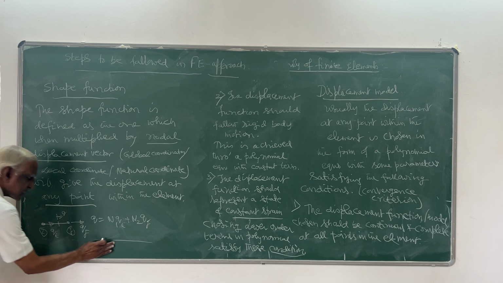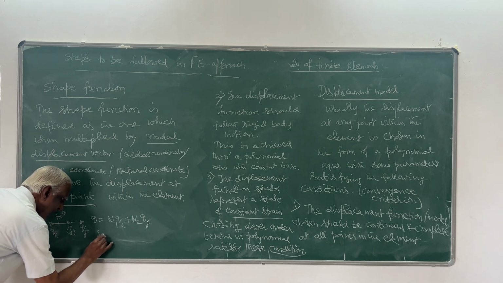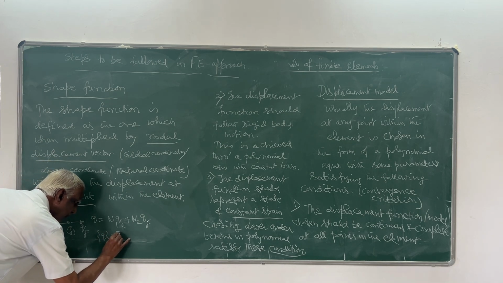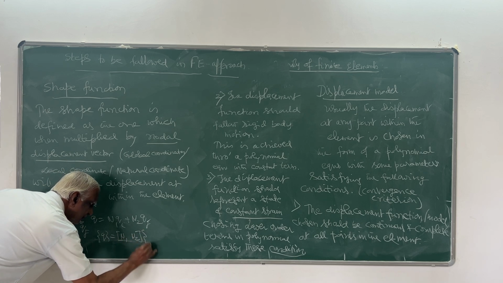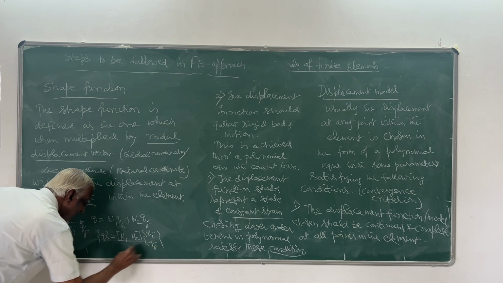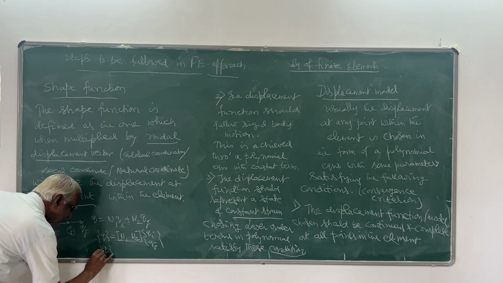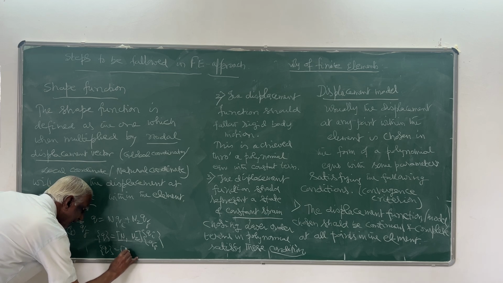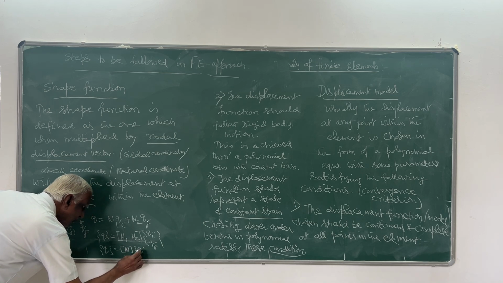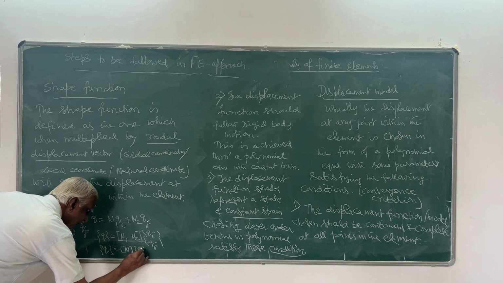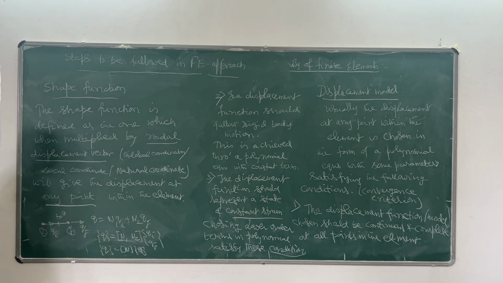In matrix form, I can write this as Q is equal to [N1 N2] times {Qi, Qj}. That is, Q is equal to N into D, the nodal displacement vector.